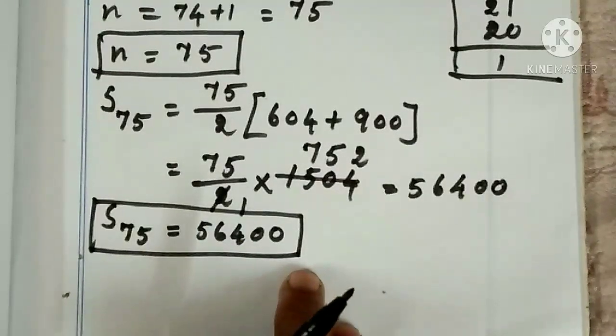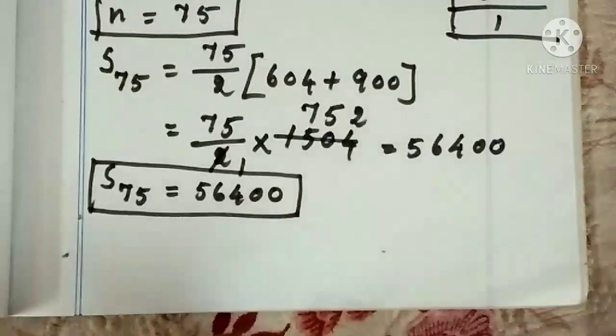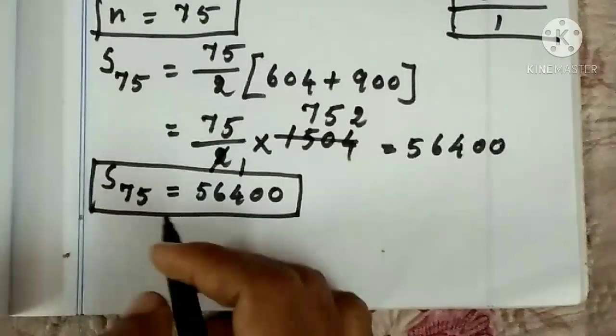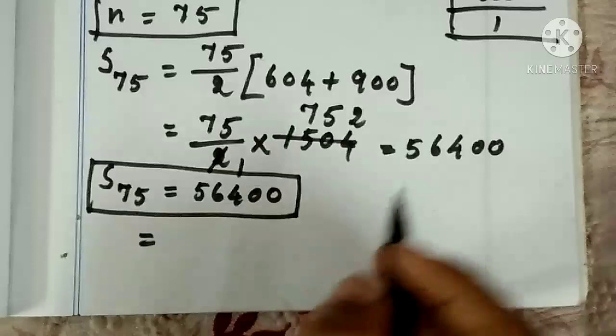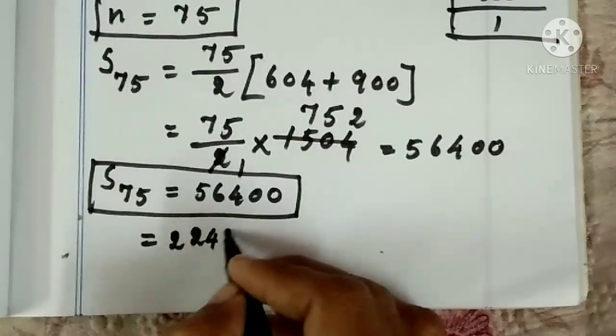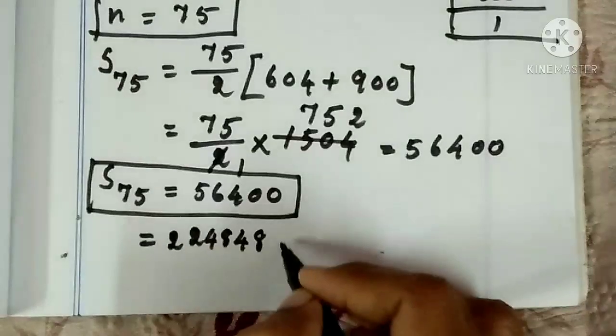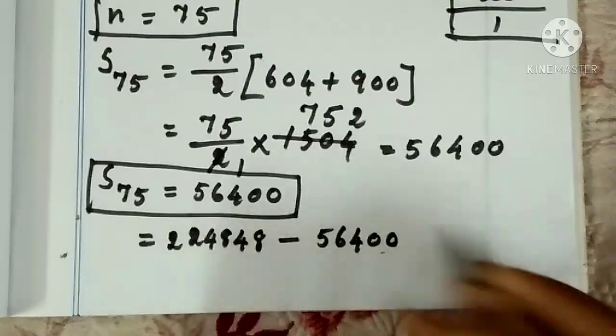But in the question they are asking for numbers which are not divisible by 4. Therefore, we have to subtract these two values, that is, take down and write the first value, 2,24,848 minus 56,400.